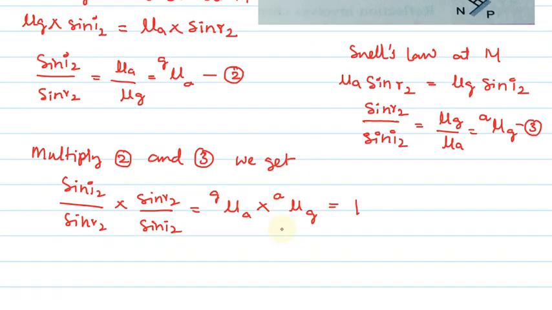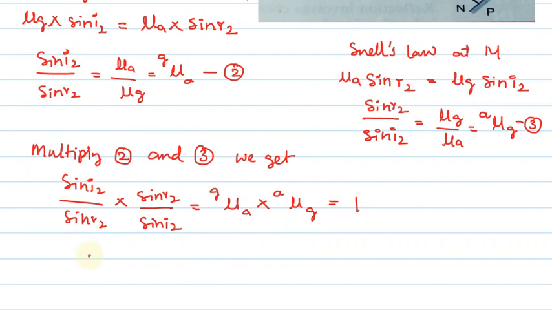Therefore, we can conclude that mu subscript G superscript A, the refractive index of glass with respect to air, is equal to 1 upon the refractive index of air with respect to glass.